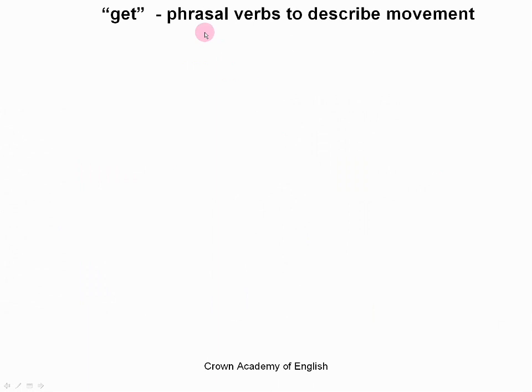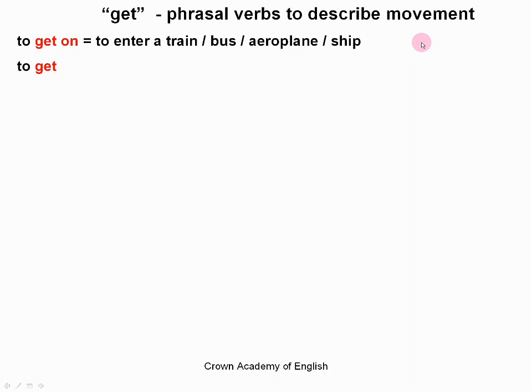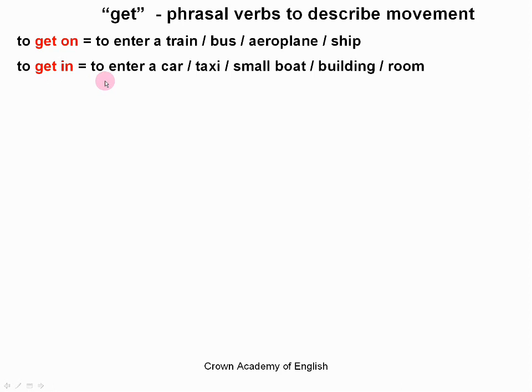Now, let's look at some phrasal verbs. These are very important and very common. And here are some to describe movement. To get on means to enter a train, bus, aeroplane, or ship. And to get in, we use this to enter a car, taxi, small boat, a building, or a room.